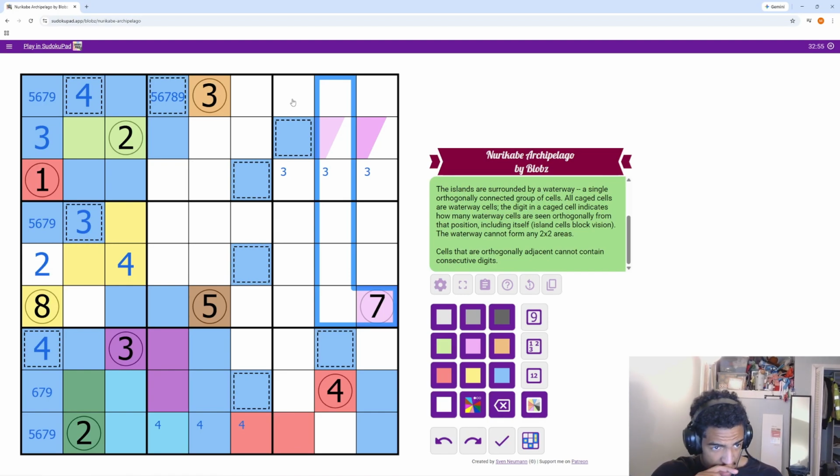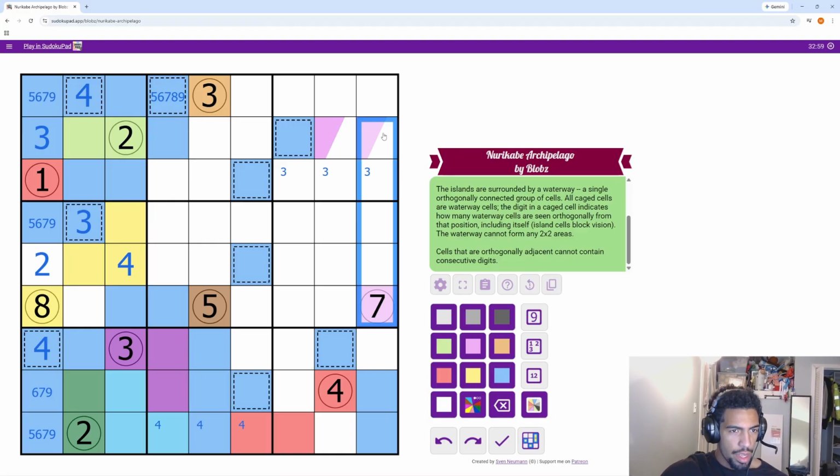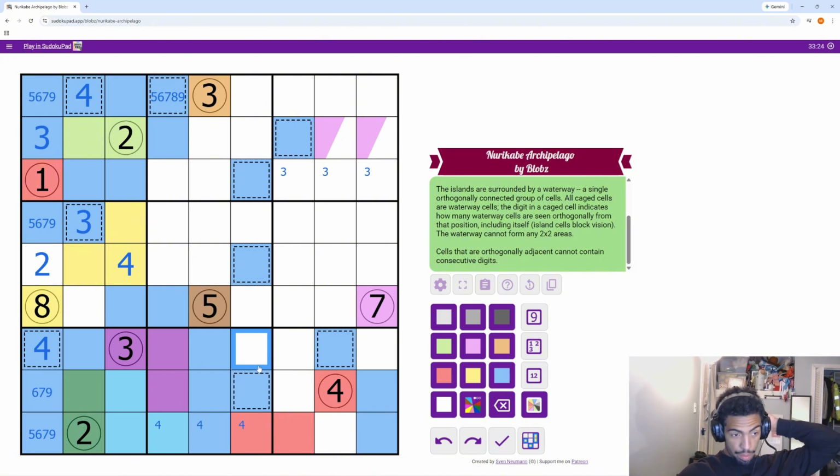But if I did it this way, actually, if I did it that way, then I'm getting too much blue here and here. 1, 2, 3, 4, 5. Well, oh wait. Now that 7 goes into one of those two cells, what's stopping this from being a blue 2x2?